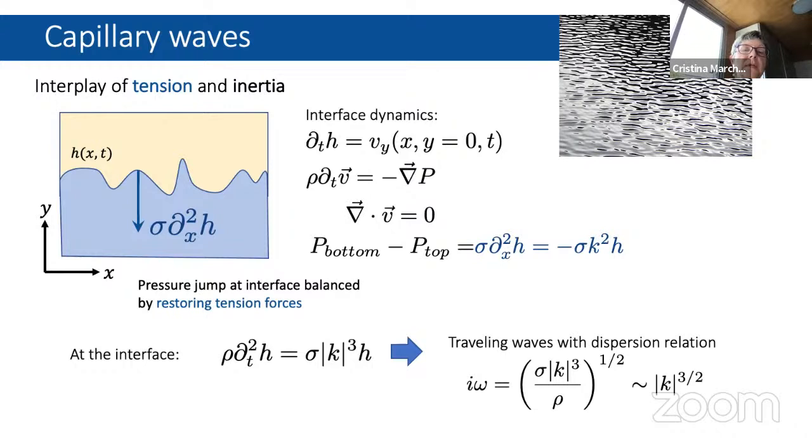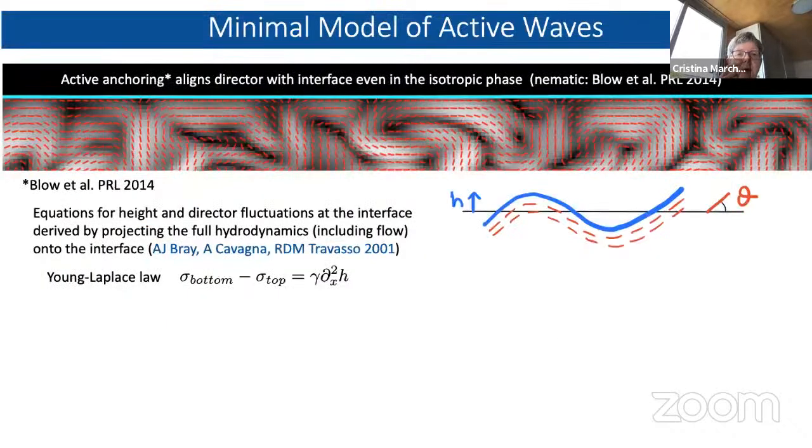Well, our fluid is one where inertial effects are negligible. So what controls these capillary waves? You can understand the occurrence of these waves by essentially decoupling between interfacial fluctuations and liquid crystalline degrees of freedom, in the following way.